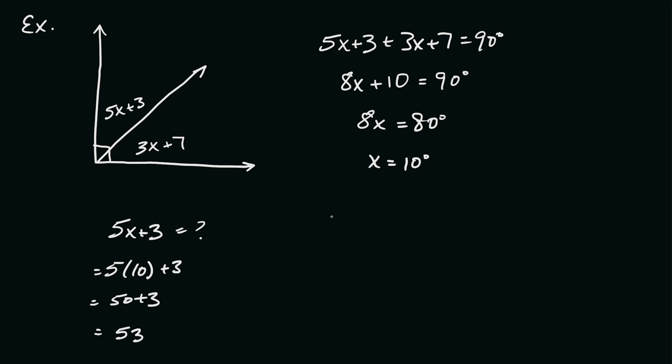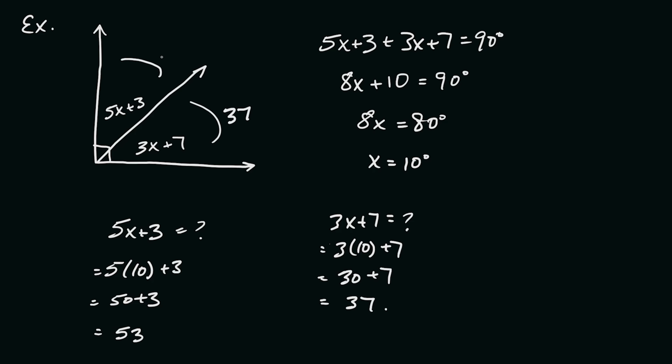Now on the other angle, which is 3x plus 7, that'll be 3 times 10 plus 7 equals 30 plus 7 equals 37. So we know that this angle here is 37 degrees, and this angle here is 53 degrees. Don't forget your degree symbol. You see, it wasn't that hard, right?